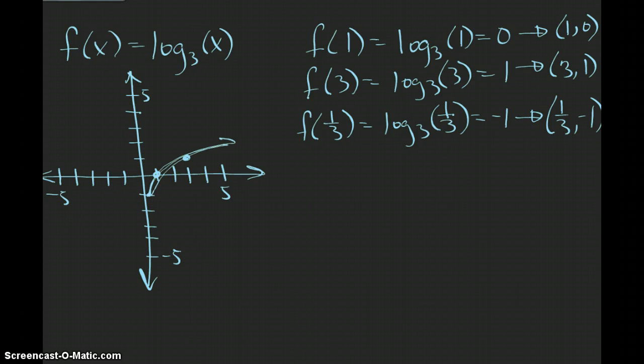Now logarithms, they curve downward, so they're growing less and less, but also when we talked about logarithms initially, we said that it doesn't make sense to take the logarithm of a negative number. 3 to the anything is never going to be a negative number, so it doesn't make sense for me to put a negative number into this logarithm here.